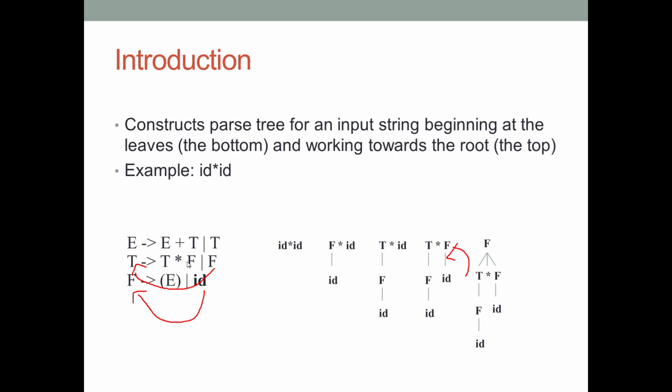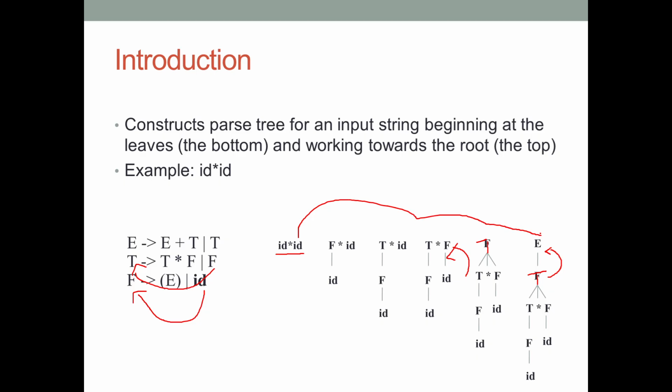So here is a production T star F. This T star F is reduced into T. Then finally T is reduced into E. Finally this T is reduced into capital E. So what we got is, from the input string, these are the leaves, and we construct the parse tree working towards the root node.